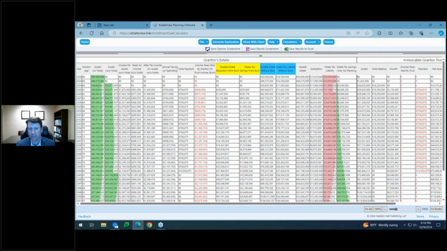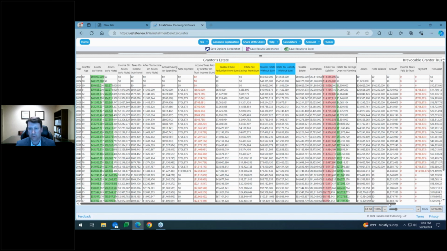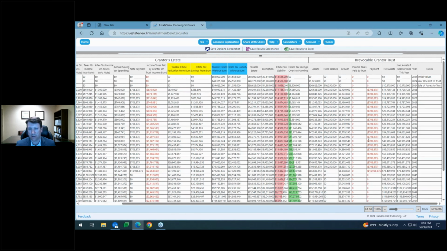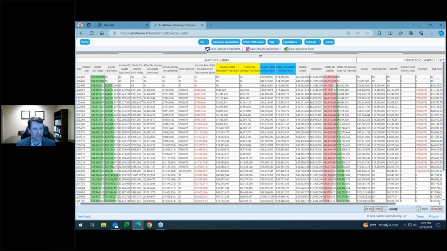We have the trust assets, the growth on the trust assets, no income taxes paid by the trust since it's a grantor trust, the note payment owed back to the grantor, the net assets at the end of the year, and the net assets if we die in a given year. So as you can see here, as this goes over time, initially our estate is growing in value, so you might be thinking that we should have done more when we look at this 10 years down the road.